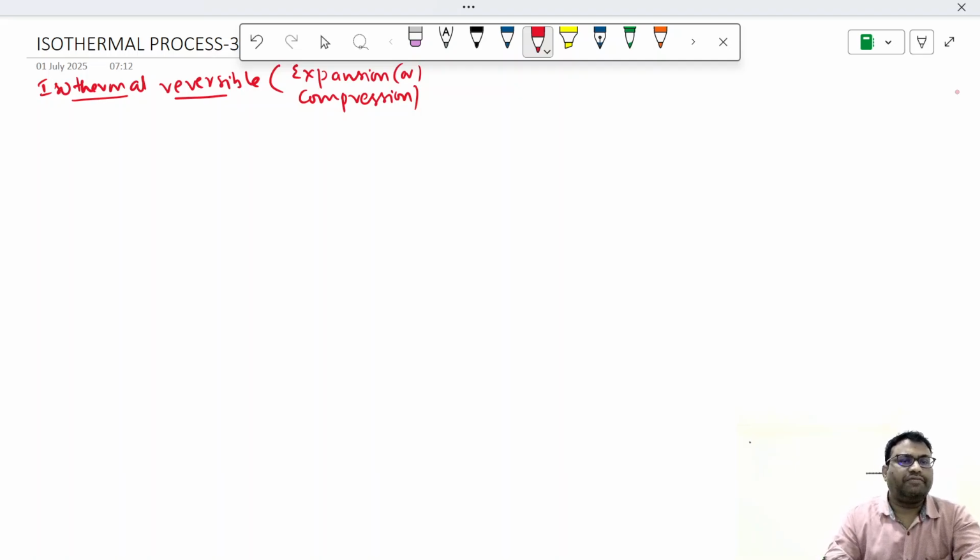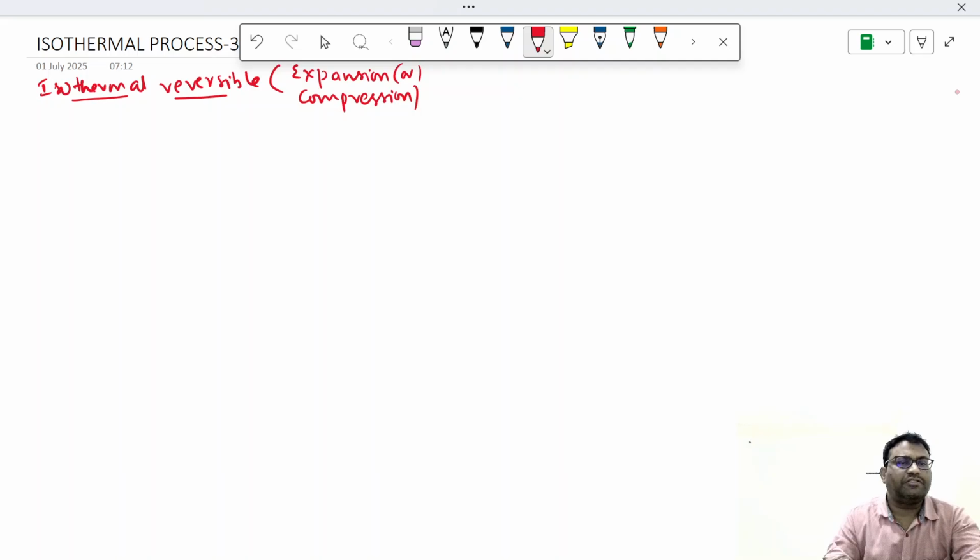What is a reversible process? Already we have studied. The process in which, if a small reversible change occurs, the process can be reversed. A quasi-static process is called a reversible process.